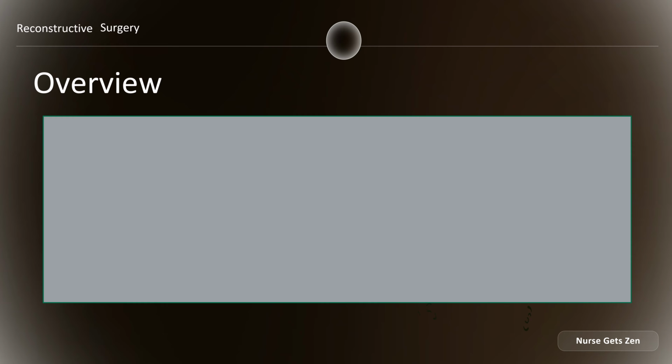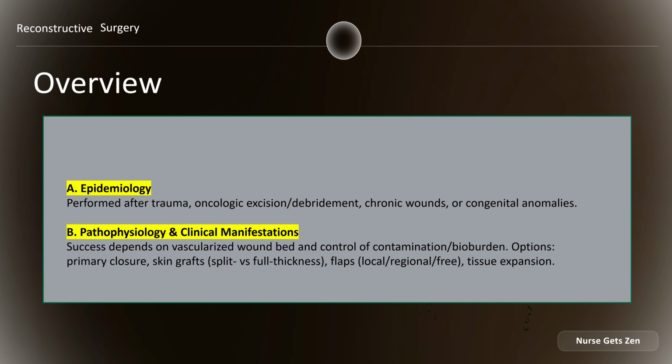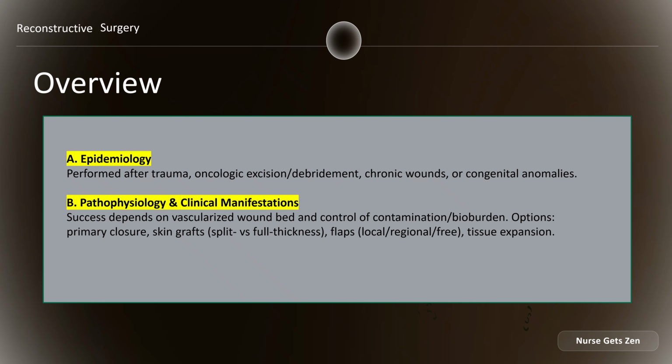Reconstructive surgery is performed by a plastic or reconstructive surgeon following trauma, surgical debridement of a wound, excision of a cancerous lesion, or repair of congenital defects such as cleft lip or palate, to improve functional deficits.